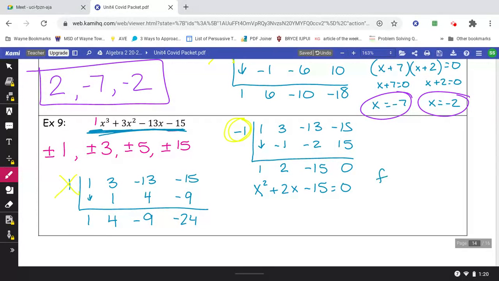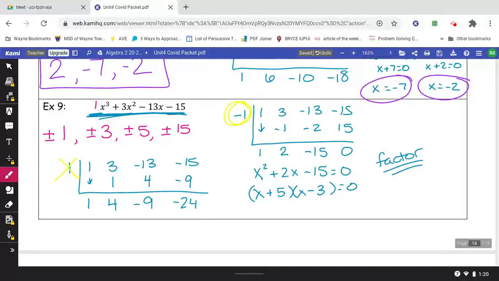This is another factoring problem. 2 sets of parentheses. 5 and 3 is going to be my combination that multiplies to 15. I just have to make one of them a negative. In order to get a +2, the 5 will have to be positive and the 3 will have to be negative.